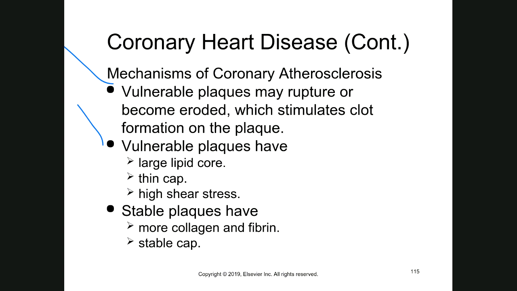Vulnerable plaque may rupture or erode, which stimulates clot formation. Vulnerable plaque has large lipid cores, a thin cap, and high shear stress, meaning careful with those two. That is highly related with that particular question in your test, okay? Moving on.